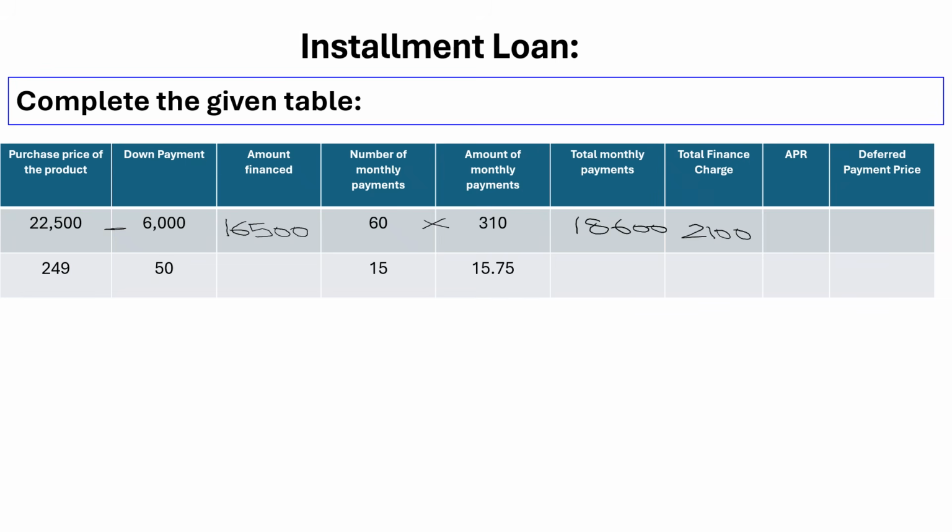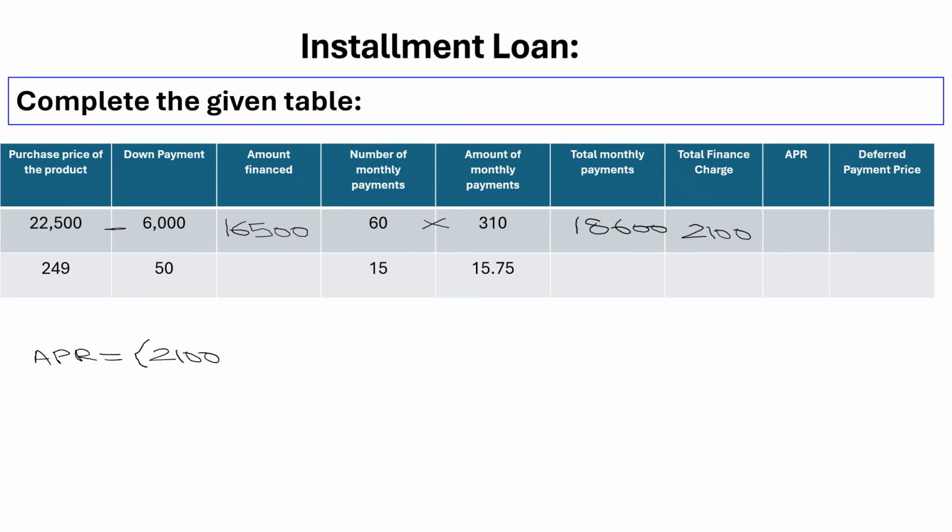Right? After that, we will calculate APR. Remember, in my previous video I explained APR and how to calculate it. Here I will write it down for your understanding. APR is equal to total cost of credit. What is my total cost of credit? That is my total finance charges, which is 2,100. Remember the formula of APR; you can watch my previous video.